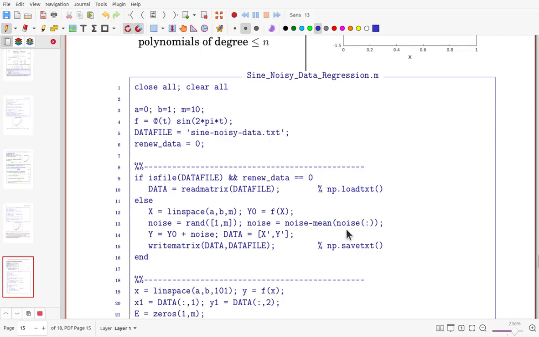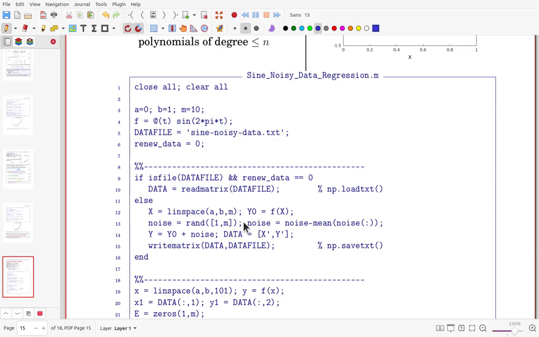This parameter is used once we want to renew the data set. If you change this one to be non-zero, 1, then this will be executed. However, if we choose this one, and the data file exists in the directory, then the program will read the data set.